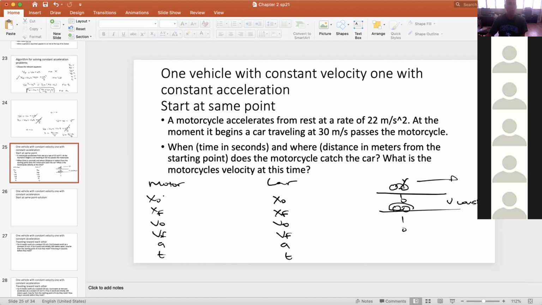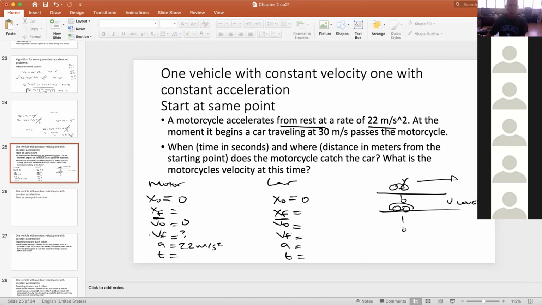Now, what do we know? They both start at 0. We're going to start measuring at 0. We know we want to find x final. I'll come back to that in a second. What is the initial velocity of the motorcycle? Well, it's at rest. Its acceleration is 22 meters per second squared.